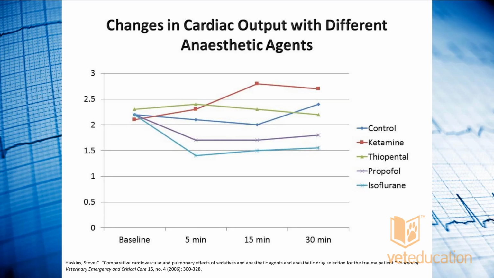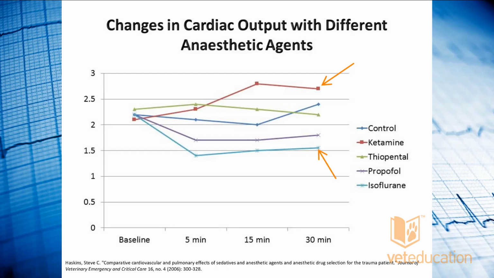We can see that ketamine, in the red here, causes an increase in cardiac output. This is due to two things. One is that increase in heart rate, and the second thing is that ketamine increases cardiac contractility, and that's mediated by a mild sympathomimetic stimulation. We can see that isoflurane causes a decrease in cardiac output, quite a profound decrease here.